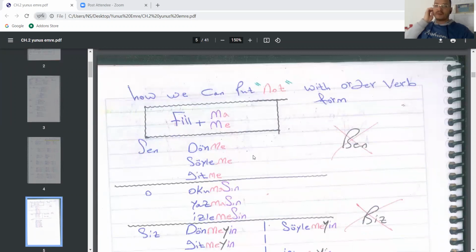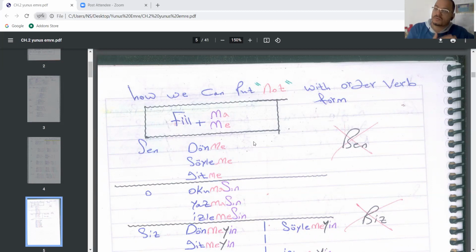Now, how can we put negation with the order verb form? How can we say "don't do this thing" when you're a manager or boss talking with your employees? How will we say to your worker, don't do this, don't send it, don't sit here? In Turkish, here the verb plus ma or me. Here the situation is different from the present tense.